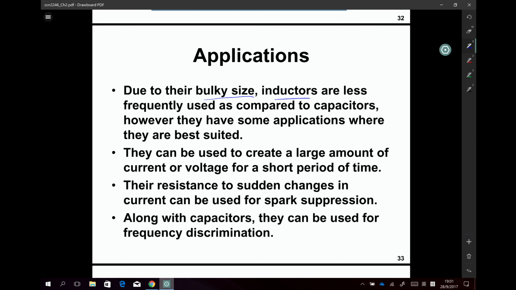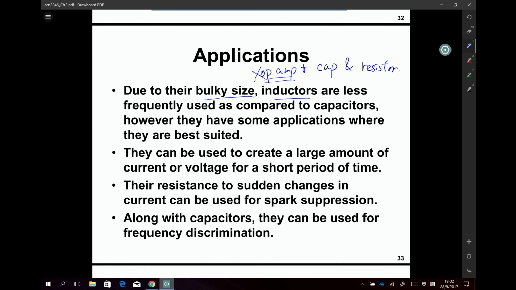The technique is that we use the operational amplifier together with capacitor and resistors. Then we can generate an inductor. But this device is outside of our syllabus. Therefore, we don't talk too much about this technique.